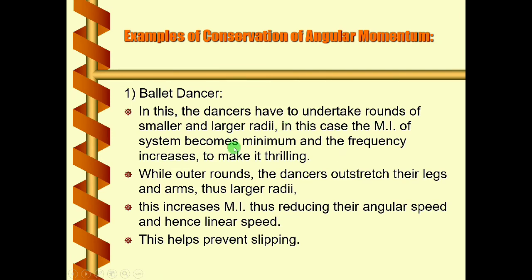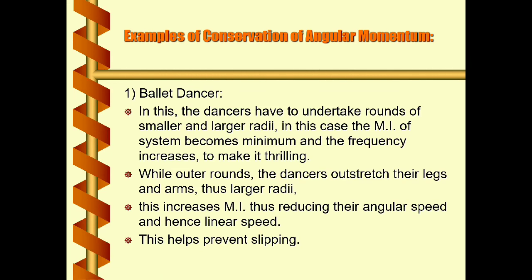The first example is a ballet dancer. If the ballet dancer stretches out his arms and legs, the moment of inertia will increase and the frequency of rotation, that is omega, will decrease, and the product I omega will remain constant.